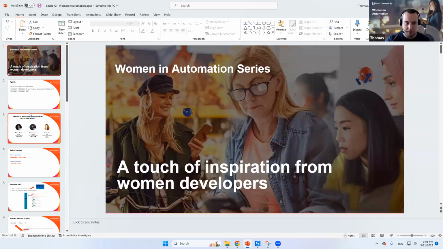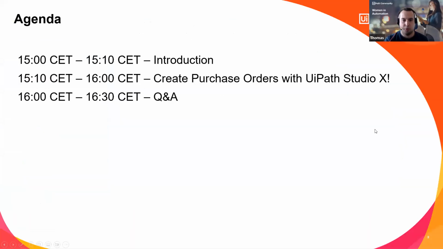Let me share my screen. So what we have planned for today: we had the introduction already, the first 10 minutes. We're going to build our own robot. The feedback that I get very often while providing trainings is, hey, this is all very theoretical. You show us how to use Excel, Outlook, and desktop and web automation, but how can we put this in practice?